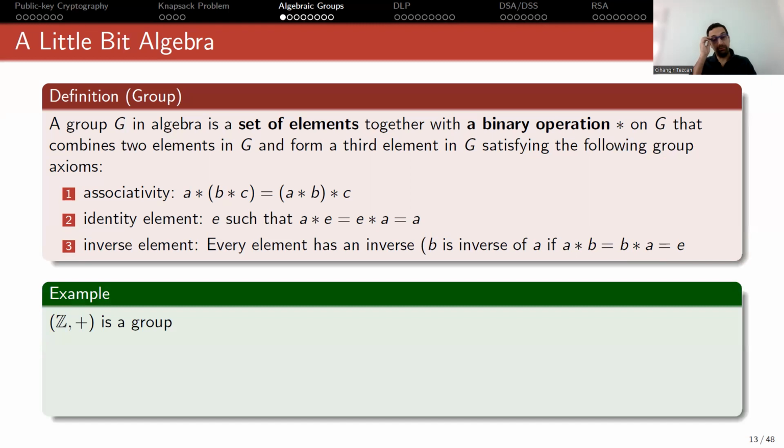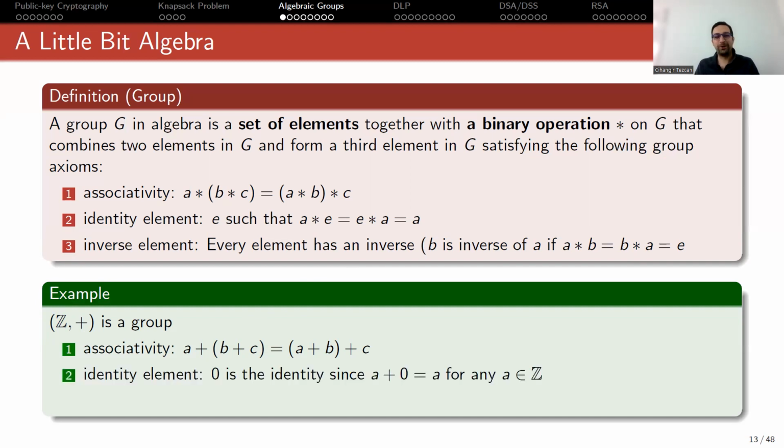So let's see an example. Of course, this is probably the basic example you had in mind. Think about integers and the addition operation. So there's associativity, right? I don't care where the parentheses are, the results will be identical because we are simply adding stuff. So if you have doubts, just do it. Identity element is 0 in addition, right?